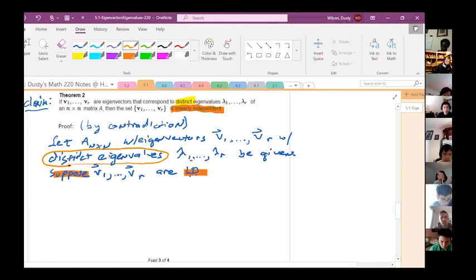So we're going to suppose that V1 to VR are linearly dependent. So that means that there are non-trivial solutions to the homogeneous equation. But that would be one way of looking at it. Another way of looking at it is that there are some linearly independent vectors on the front end, and then at some point there's a linearly dependent vector. So let's just have an aside.